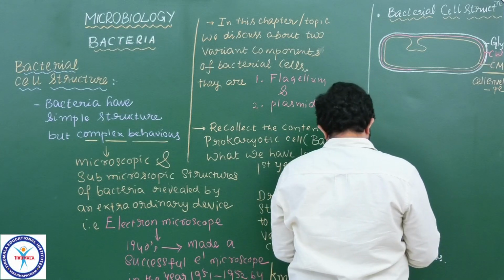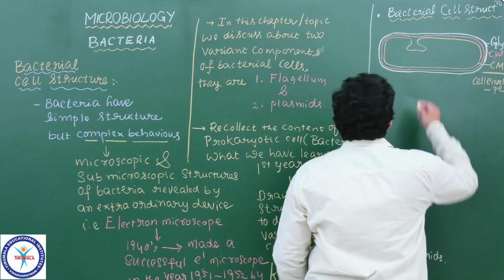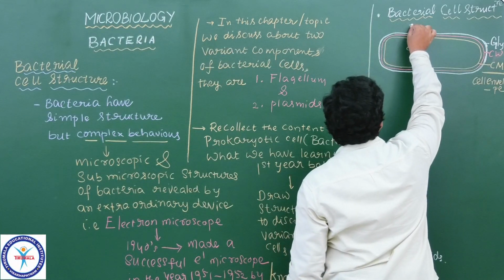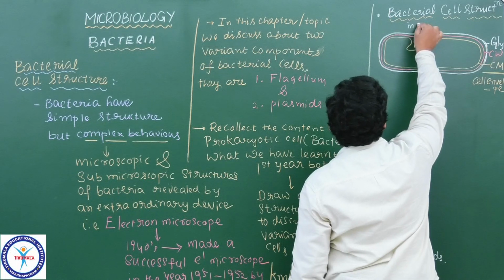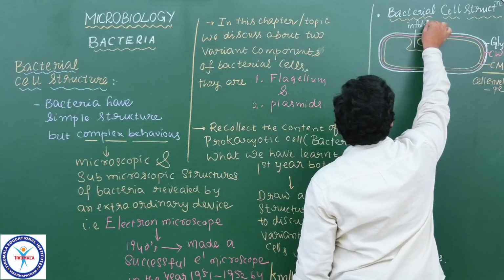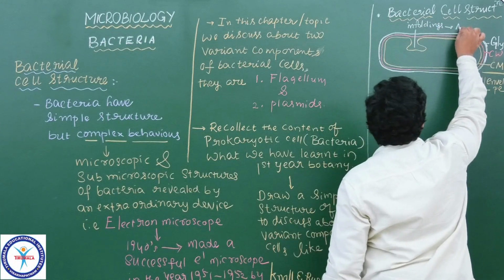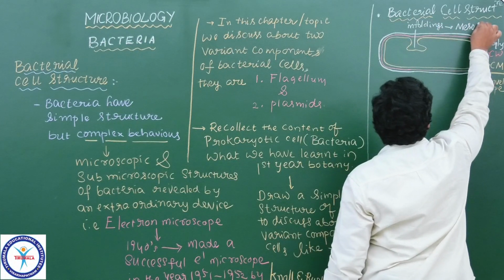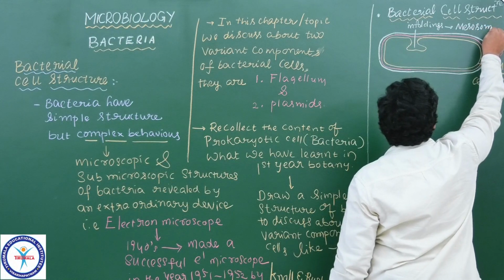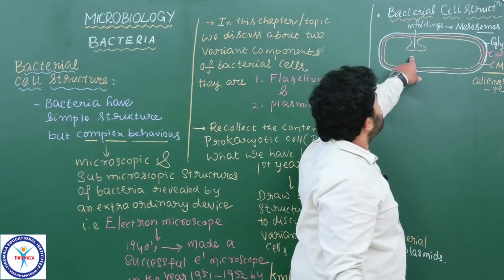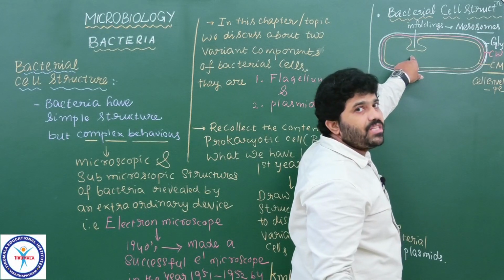Here we see the cell membrane shows infoldings. These infoldings of the cell membrane are called mesosomes. Mesosomes are very important for binary fission, and especially for respiration.